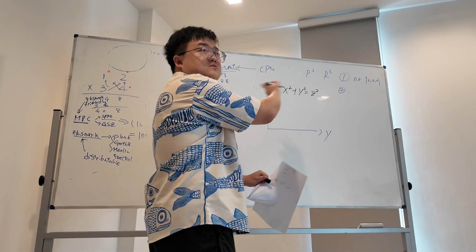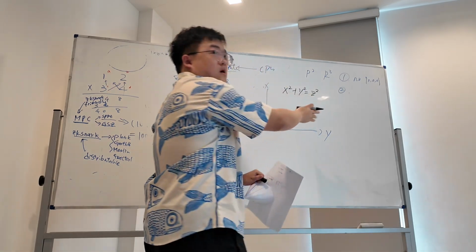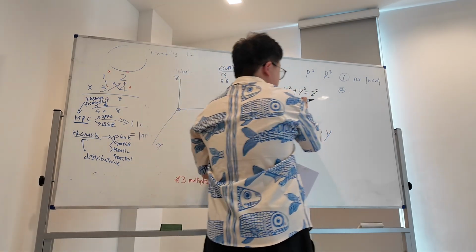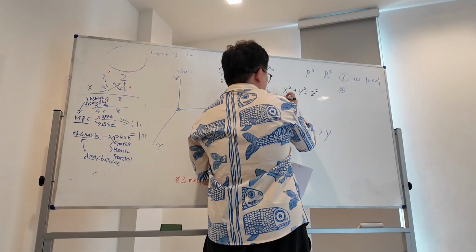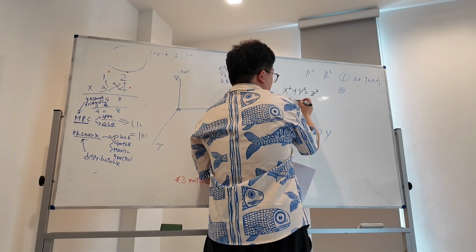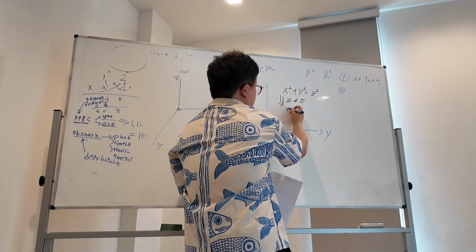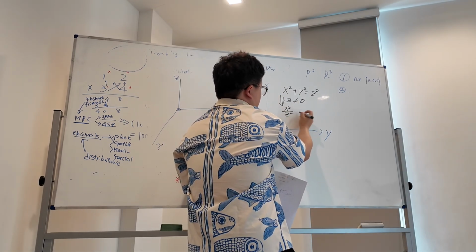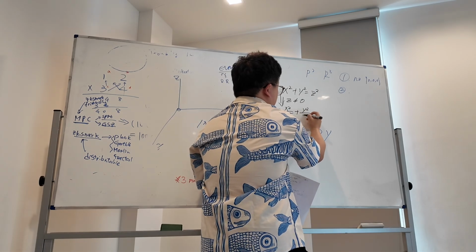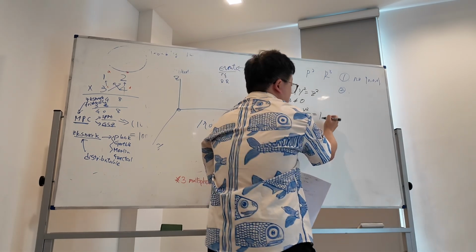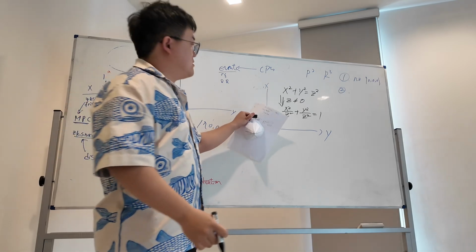And we want to have a circle, so a little bit of magic or trick. So if we want z equals to 0, so we have this.